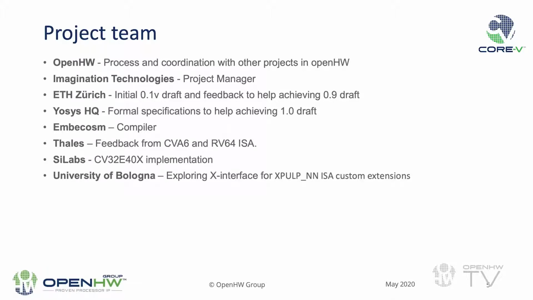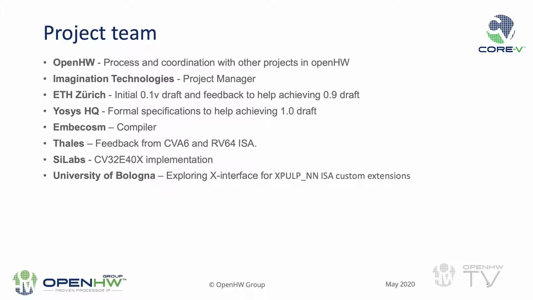The project team who are working on this is obviously the OpenHW organization, coordinating the process and making sure it fits in with all the other projects. Imagination Technologies for the project management. ETH Zurich will provide the initial 0.1 draft that we spoke about, but also help with feedback throughout the development of the 0.9 draft. OSIS HQ will be doing formal specifications, which will help to achieve the 1.0 draft.